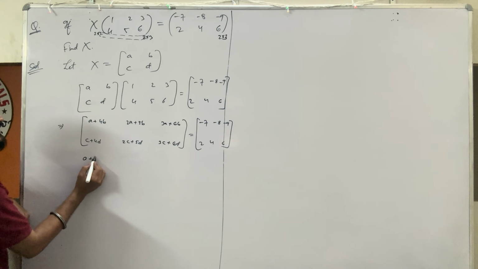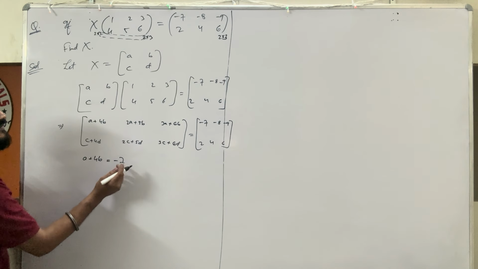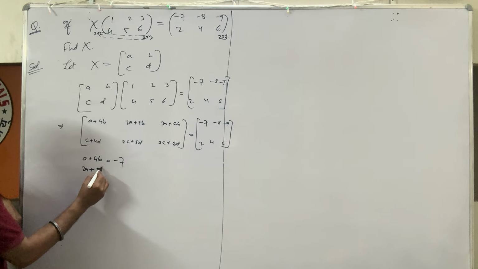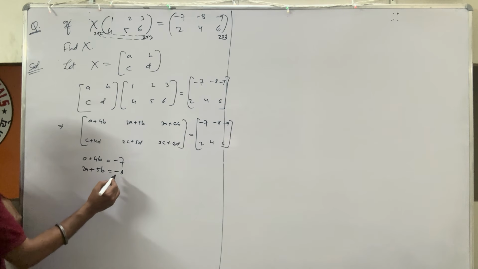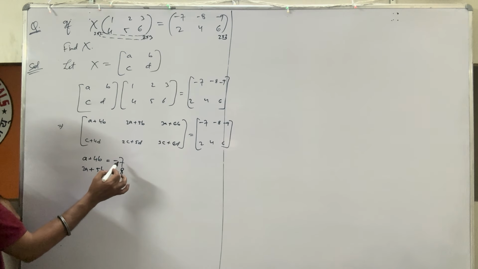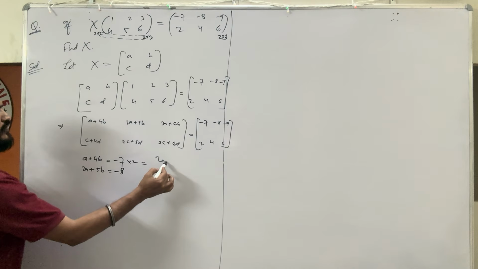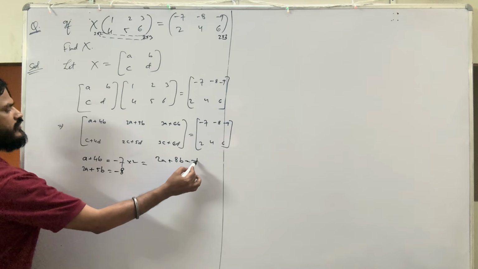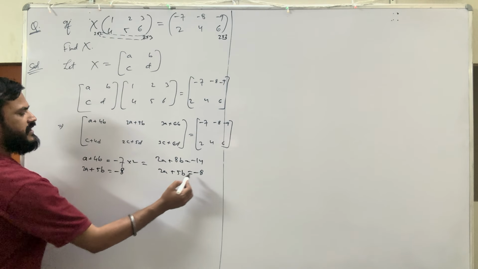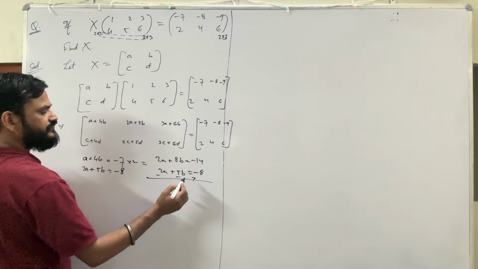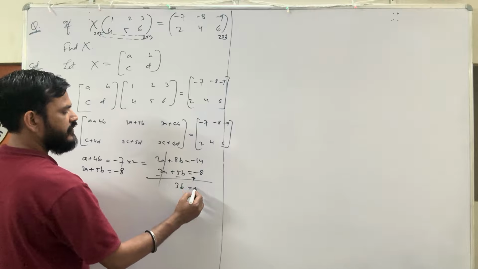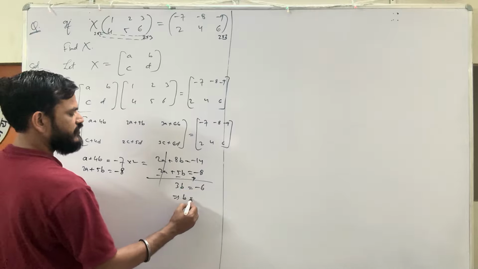A plus 4B is equal to minus 7, and 2A plus 5B is equal to minus 8. Now we can solve these two equations. Multiply the first by 2, so it becomes 2A plus 8B equal to minus 14, and this is 2A plus 5B equal to minus 8. You just subtract. So 3B is equal to minus 6, so B is equal to minus 2.